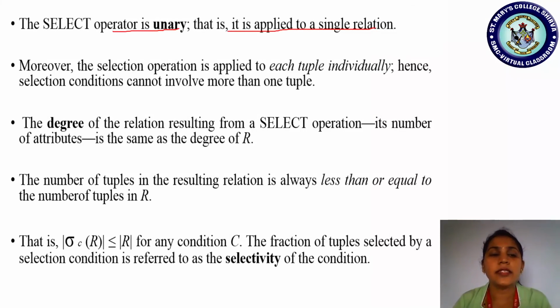So the meaning here is, on applying the select operator, whatever result we get by executing that query will be less than the given relation, or maybe equal to that relation.